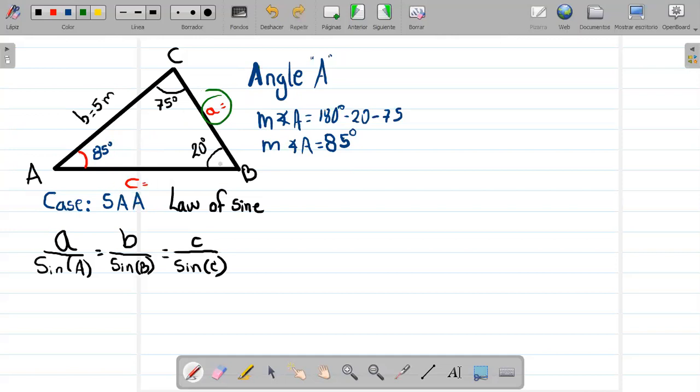Say it. C? Okay, let's go and get side C. And side C requires that we apply the law of sines using the corresponding information.